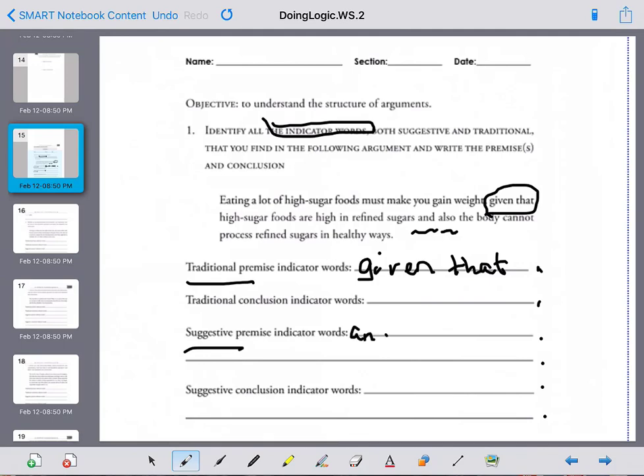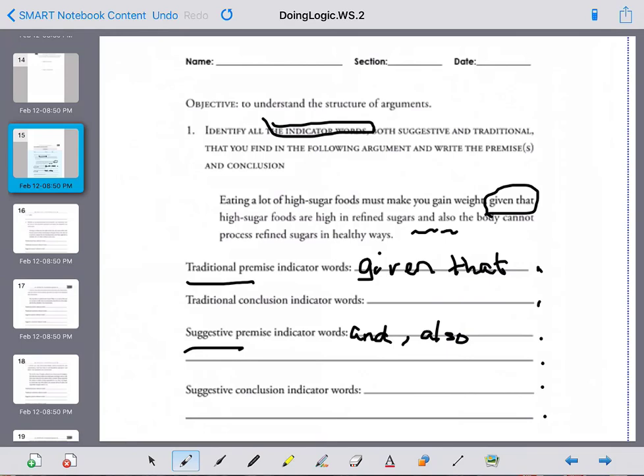And why is that the case? Because any word that indicates adding new information to the passage will most likely be a premise. Why? Because every argument has one conclusion, and if there's one conclusion, that means any additional information that you add will in fact involve adding evidence and not adding another conclusion.